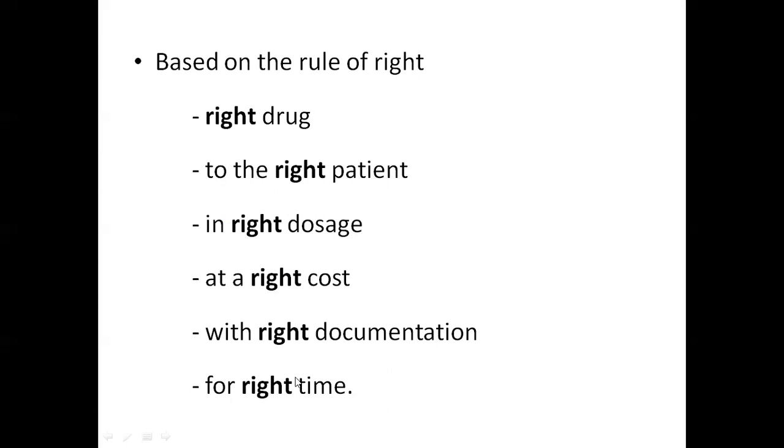Right drug we should give at the right cost, which should be documented rightly, for the right time. For example, if a patient is taking an antibiotic, he should take it for 5 days, but the patient may take it for only 2 or 3 days. Within that time the patient may improve, so he will stop the drug. It should not happen like this. We have to tell the patient to take the drug for the full 5 days. If anything goes wrong, it is called irrational use, so we have to confirm this.